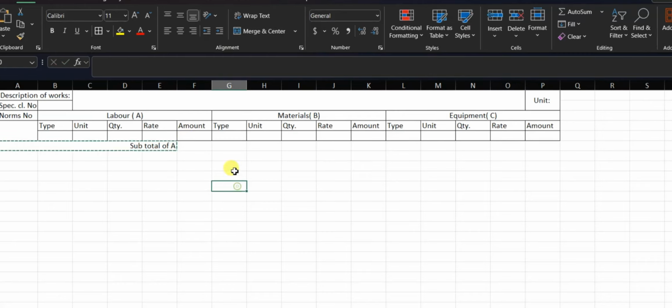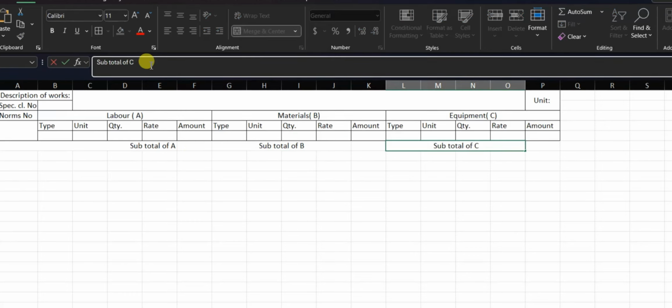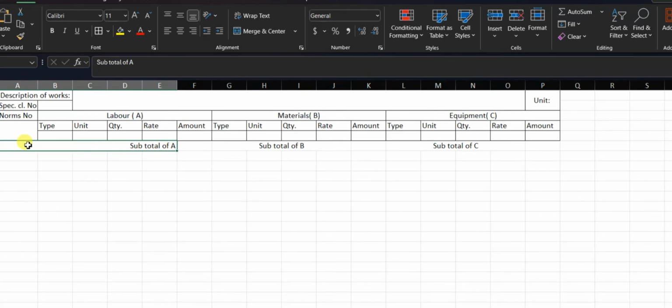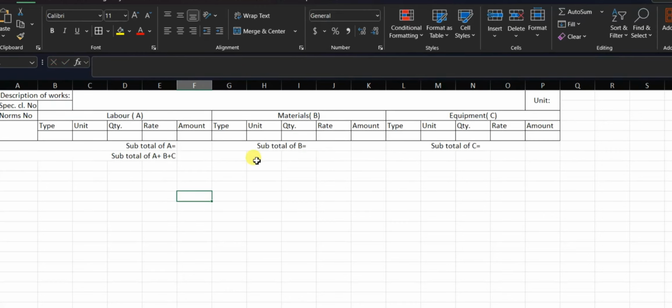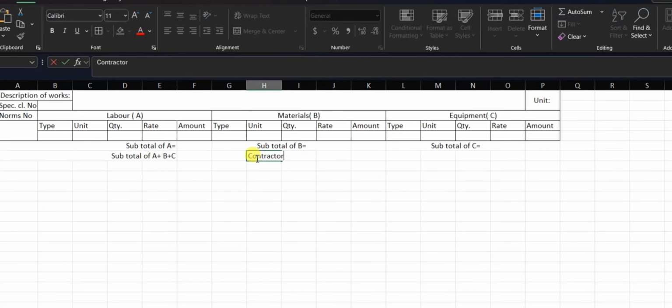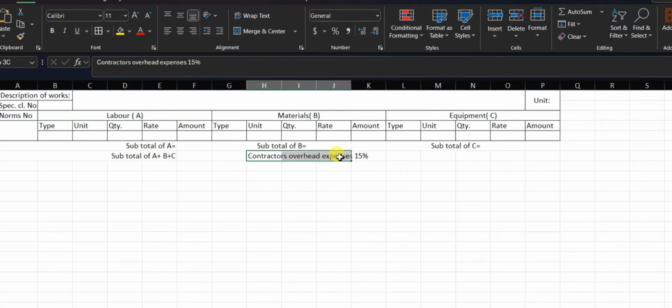Now you can write the subtotal of A, the subtotal of B, and the subtotal of C, that is the subtotal of labor, material, and equipment. Now you can add the total of A plus B plus C. Then for contractor overhead and profit, 15% can be allocated.